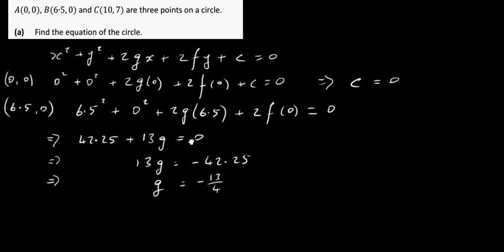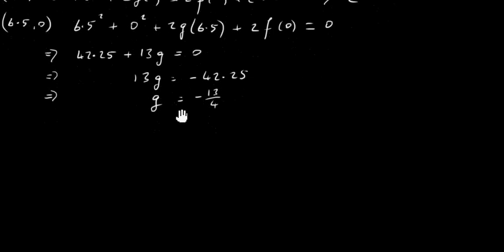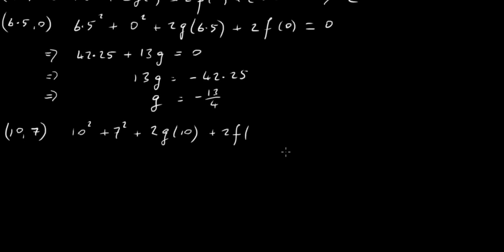We've now got to work out what f is, and to work out what f is, I'm just going to use the last point that I was given, which was 10 and 7. So let's put that into our equation. Well, we end up with 10 squared plus 7 squared plus twice g times 10 plus twice f times 7 is equal to 0.